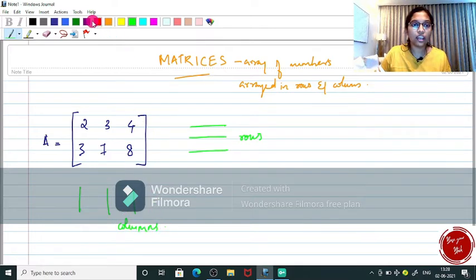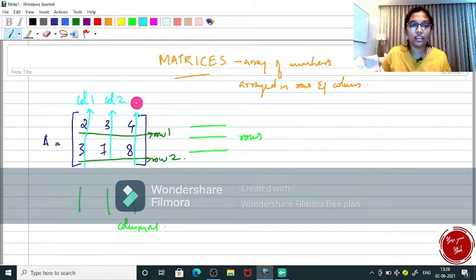So here I have two rows, isn't it? This is row 1 and this is row 2, and this is column 1, here comes column 2, and lastly column 3.